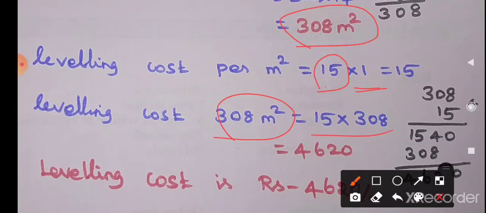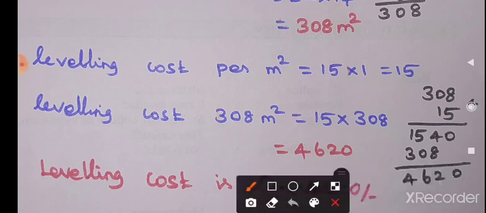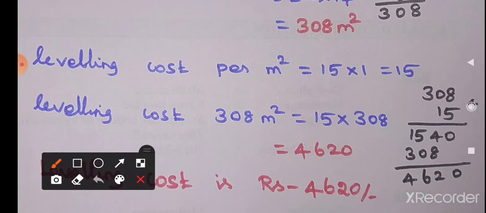So 15 into 308, it's nothing but 308 into 15. 5 into 8, 40. Then 5 into 0 is 0. So here balance 4 is there. Then 5 into 3 is equal to 15 as it is. Then 1 into 8, 8. 1 into 0, 0. 1 into 3, 3.